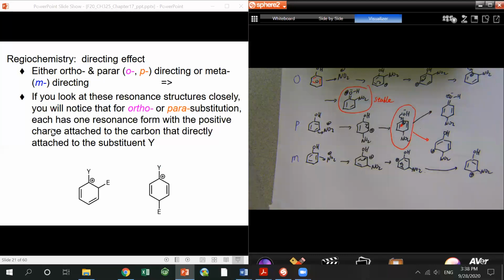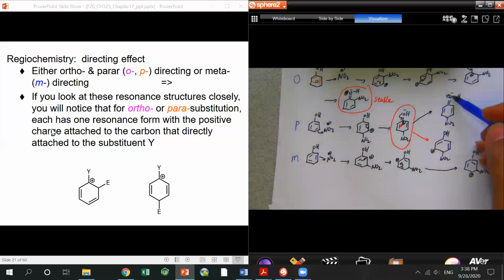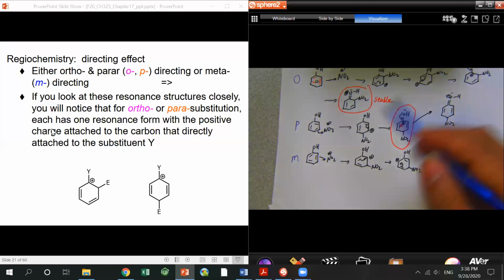You can have the positive charge on the oxygen or on some electron donating group attached carbon. That further delocalizes the positive charge onto heavier atoms, and that makes the whole thing more stable.